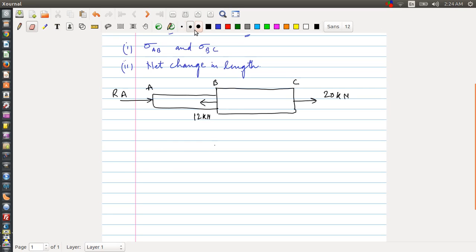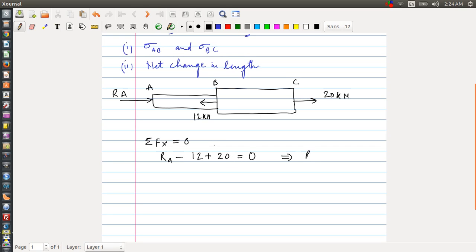For calculating the reaction force, we will be using the equation for static equilibrium, which is that the summation of all the forces in the x direction should be 0. Now we have RA positive, negative 12 kilonewtons, and positive 20 kilonewtons. The summation of all these forces should give you 0.